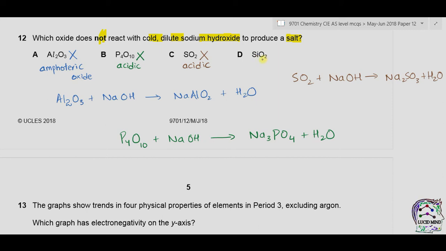Now SiO2 is not much reactive, so therefore it cannot react with cold dilute sodium hydroxide. It will react with hot concentrated sodium hydroxide. So D is the correct option.